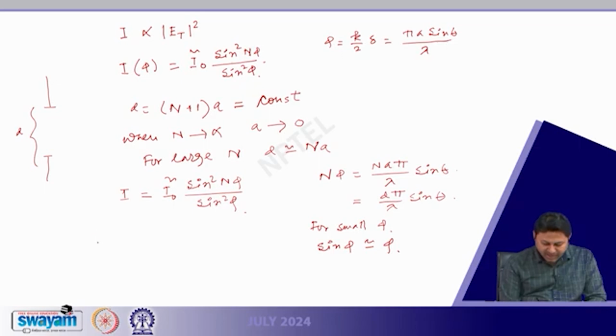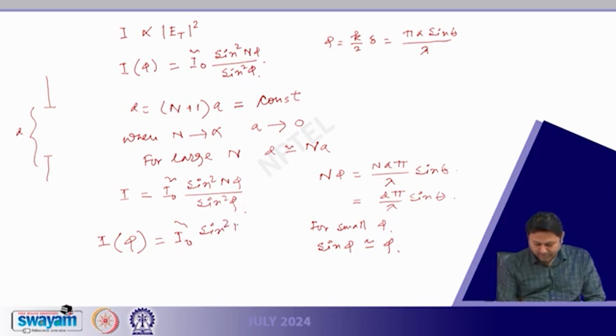So, essentially I, which is a function of phi, we can write down as I naught tilde sin square n phi by phi square. That is the thing we derived in the last class.